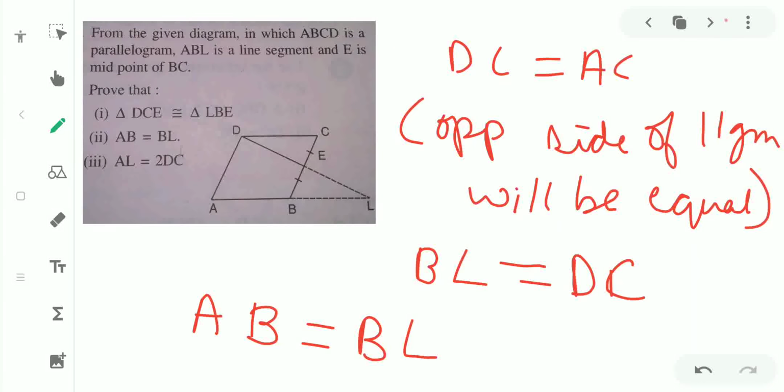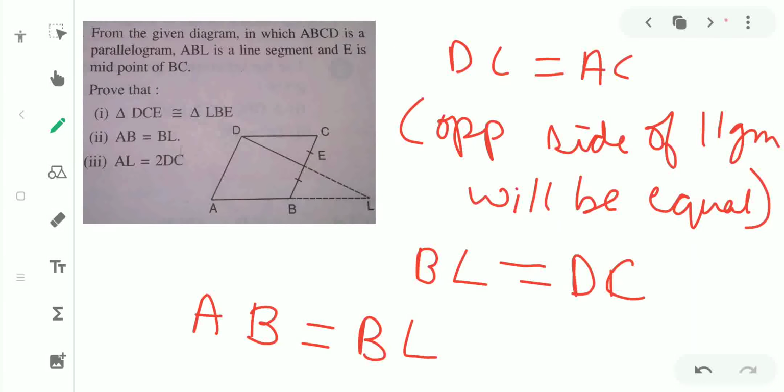So that I have written here. So AL is equal to 2X. Now just focus on the diagram. You know AB is equal to DC because they are opposite sides of a parallelogram.